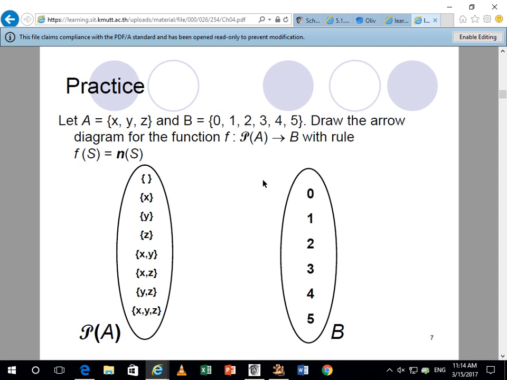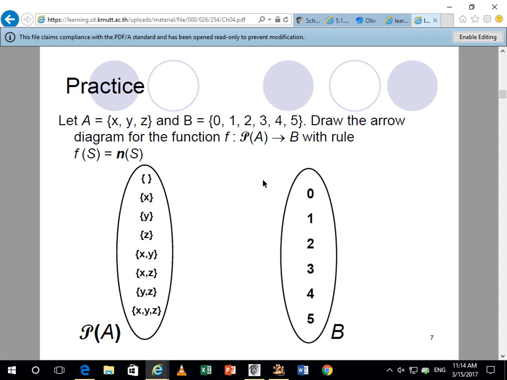Okay. What about this? We have A, same as before, consisting of elements X, Y, Z. And now we have B, another set. It has elements 0, 1, 2, 3, 4, 5. So I want you to draw the arrow diagram for this function f.